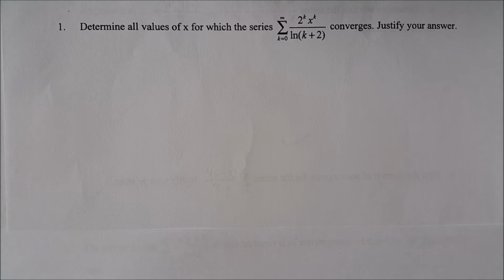When we are asked to find the interval of convergence, the first thing we need to do is to use the ratio test in order to determine the interval without the endpoints.